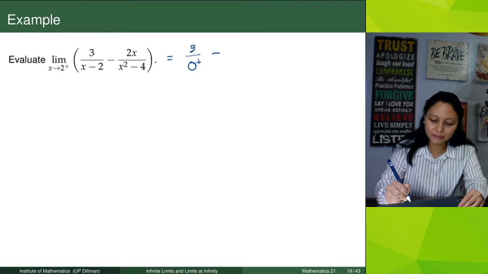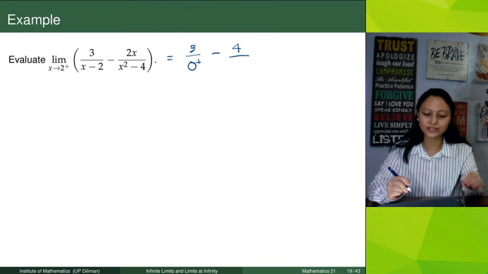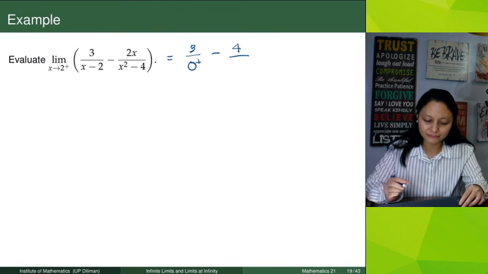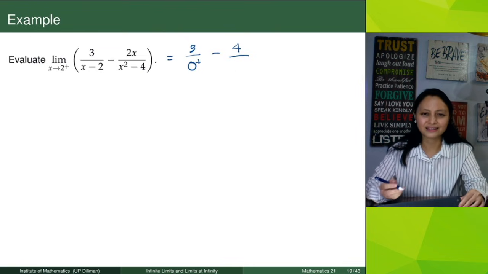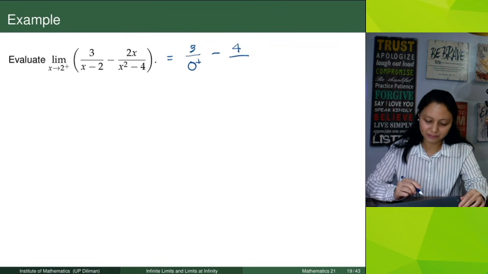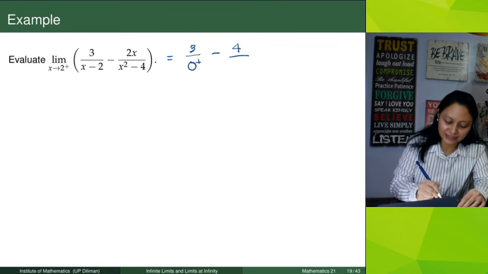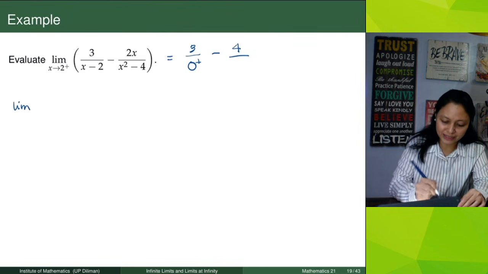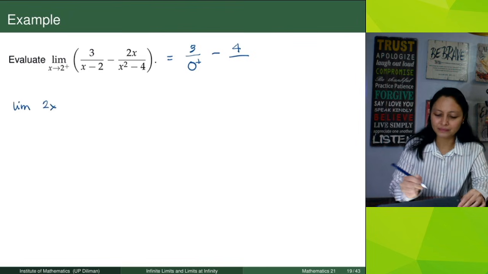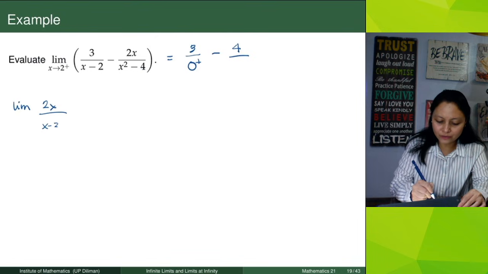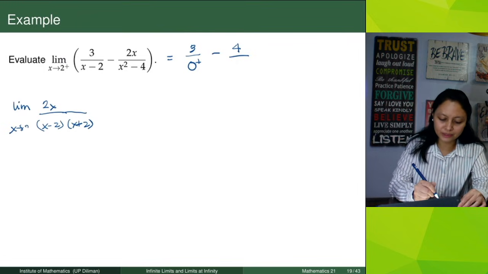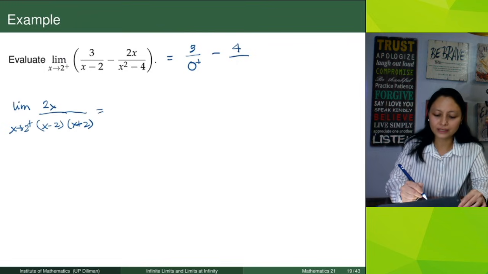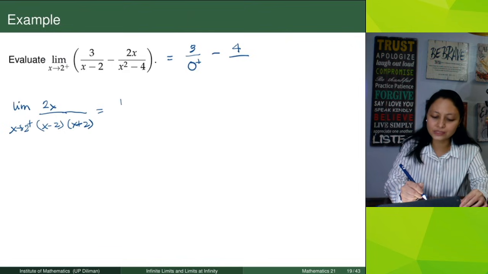Dito naman, 2 times 2, you have 4 over 2 squared minus 4 is 0. Pero mukhang kailangan na i-factor natin para mas makita nyo. Limit of 2x all over x minus 2 times x plus 2 as x approaches 2 from the right. So sa numerator, 2 times 2 is 4.